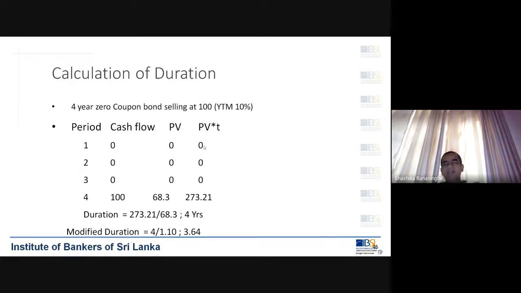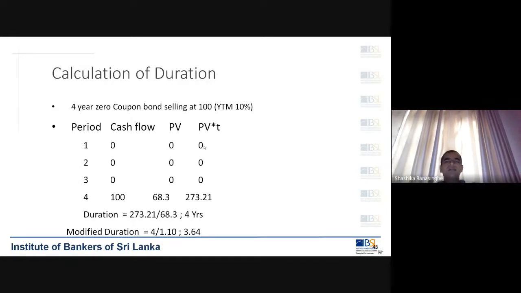Well, actually, the yield can be 10%. Why? Because yield and coupon are two different things. You can get a 10% return by investing in this bond. But something else is wrong.